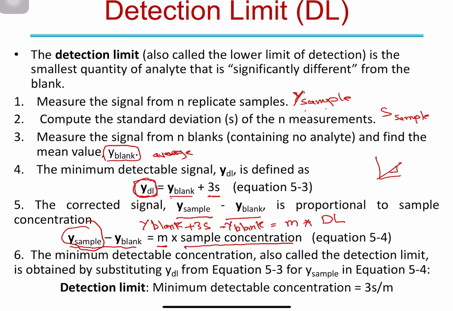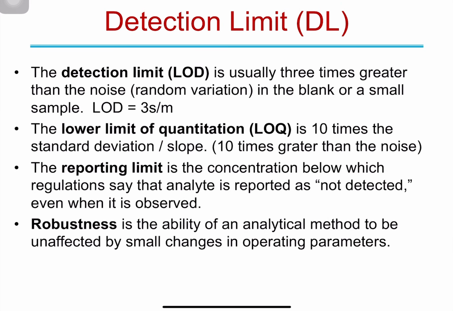Okay, Y blank cancels with Y blank, and then we see that 3S equals m times the detection limit, or we can say that the detection limit equals 3S over m. So the detection limit equals 3 times the standard deviation divided by the slope of our calibration curve.